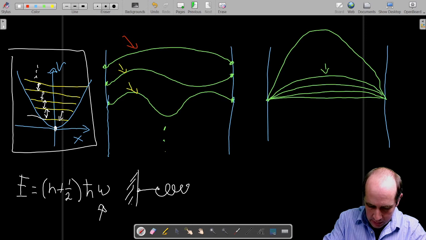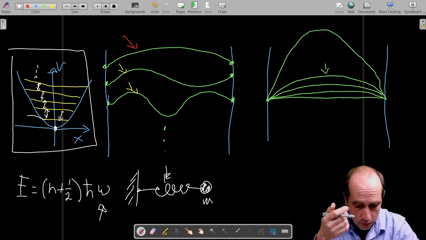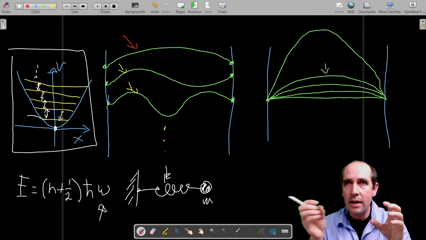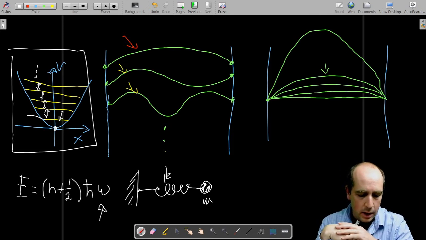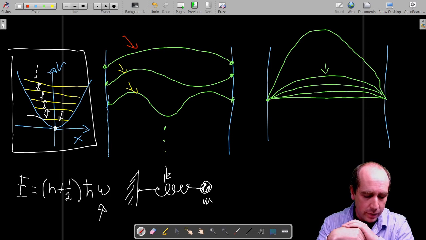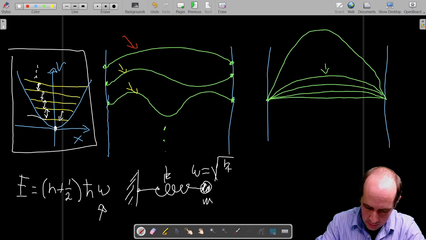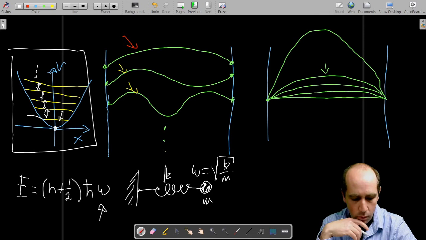What you have is a spring and eventually a mass m, a spring with constant k. If you solve this problem classically, what you get is that this system has a natural oscillation frequency, which is called the harmonic oscillator frequency, and that's omega. And this omega is given by the square root of k divided by m, where k is the constant of the spring, and m is the mass that is being moved.